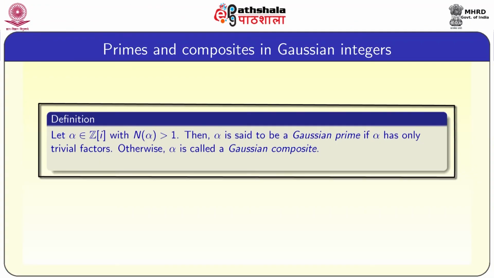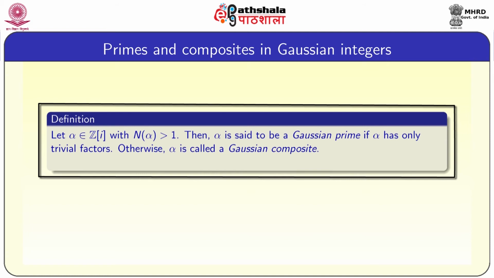Now we are going to define primes and composite numbers in Gaussian integers. The definition: let alpha belong to Z[i] with norm of alpha greater than 1. Then alpha is said to be a Gaussian prime if alpha has only trivial factors, otherwise alpha is called a Gaussian composite. The definition is similar to that for the set of integers or rational integers.